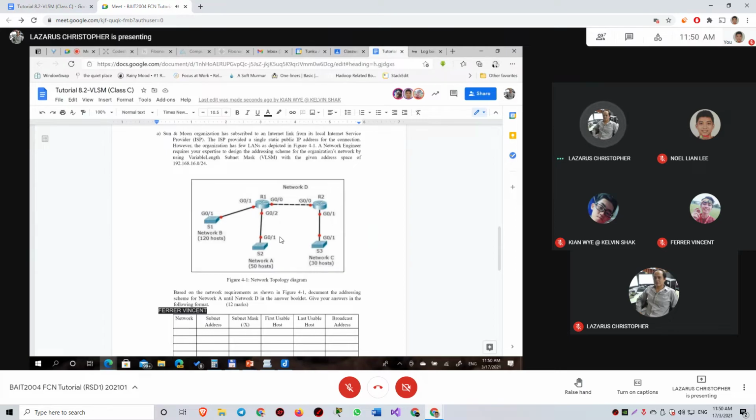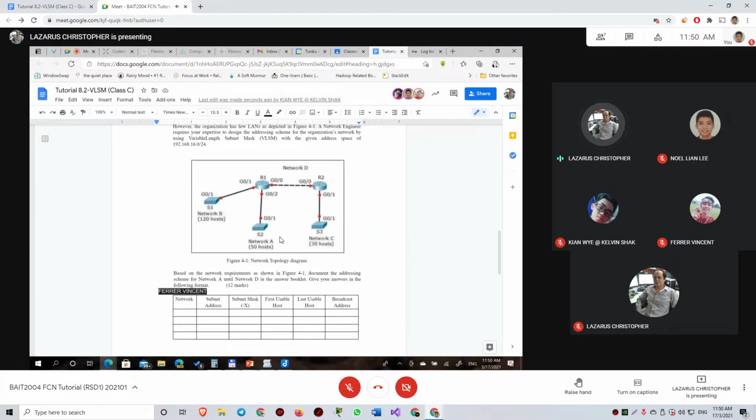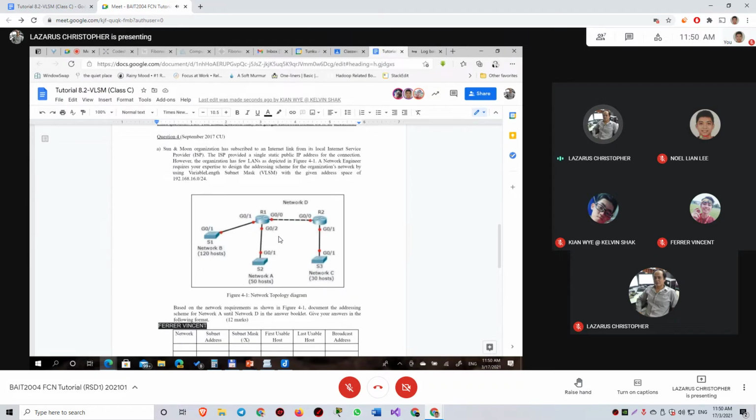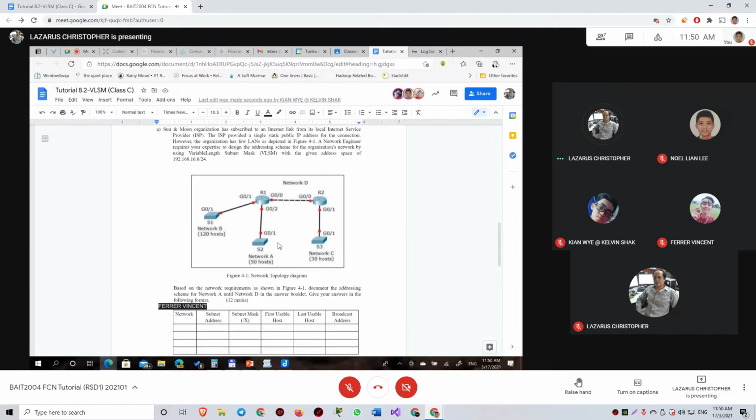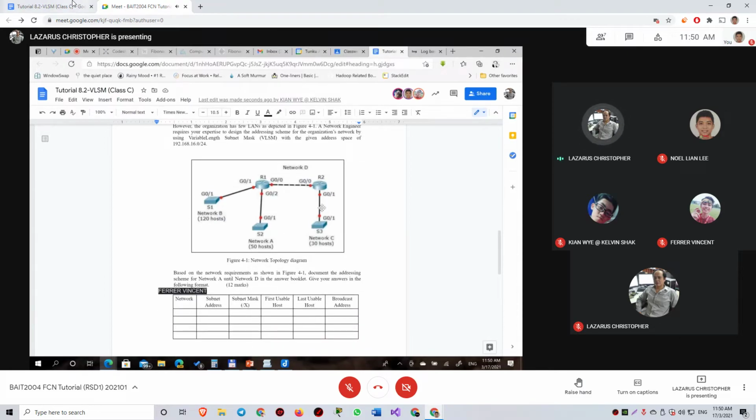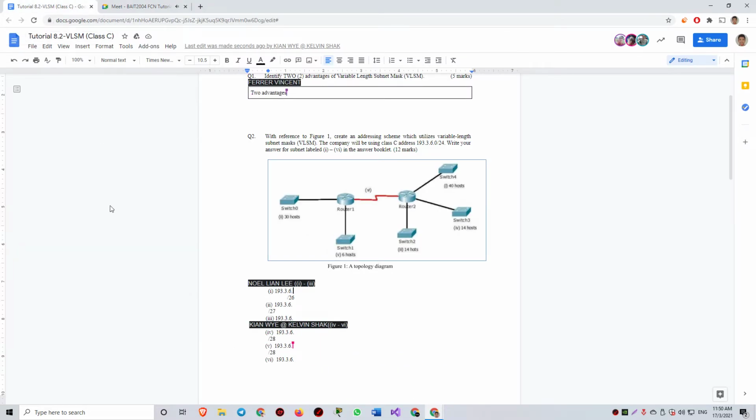Again, identify how many subnets you need and order the subnets required. So network B is 120 hosts. You only need to provide the 3 networks and 1 wide area network.